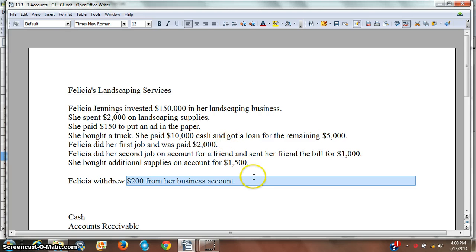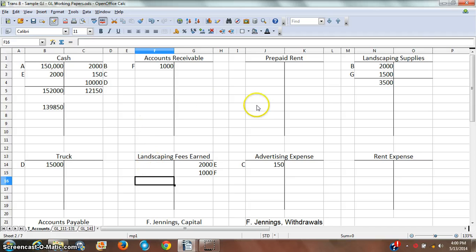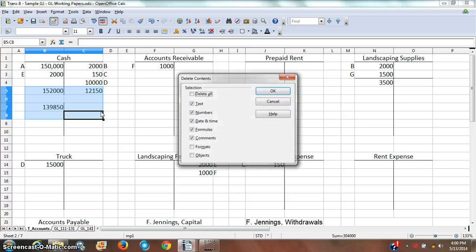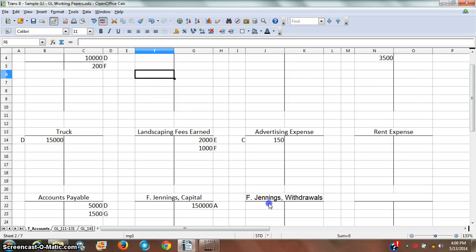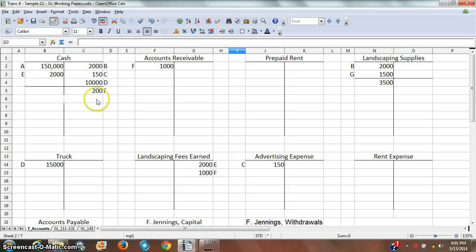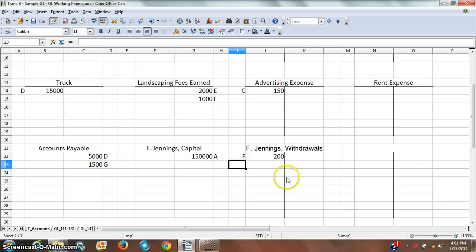So, all right, let's put this on T accounts. First of all, what happened here, and I'm going to take away my totals for the moment. First of all, my business cash went down. I took it out. So there's $200 there, and up there I'll label my transactions. And withdrawals, if you'll remember from that sheet that we memorized, assets, withdrawals, and expenses are all debit accounts.